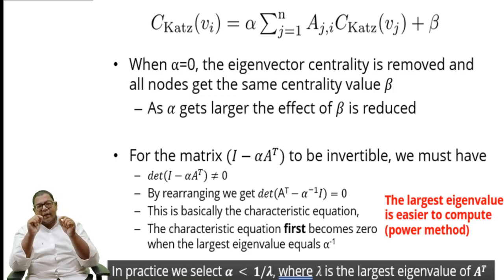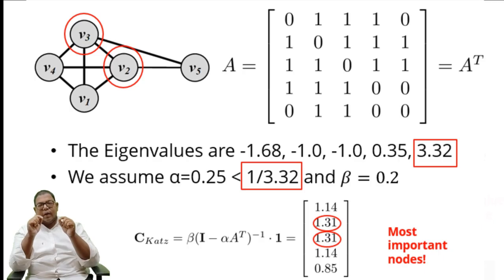So here we have an example. The eigenvalues of this particular adjacency matrix are minus 1.68, minus 1.0, minus 1.0, 0.35 and 3.32. Since 3.32 is the highest value that we have, we will take 1 upon 3.32 as our alpha value, and let us assume our beta value, our bias term, is 0.2.